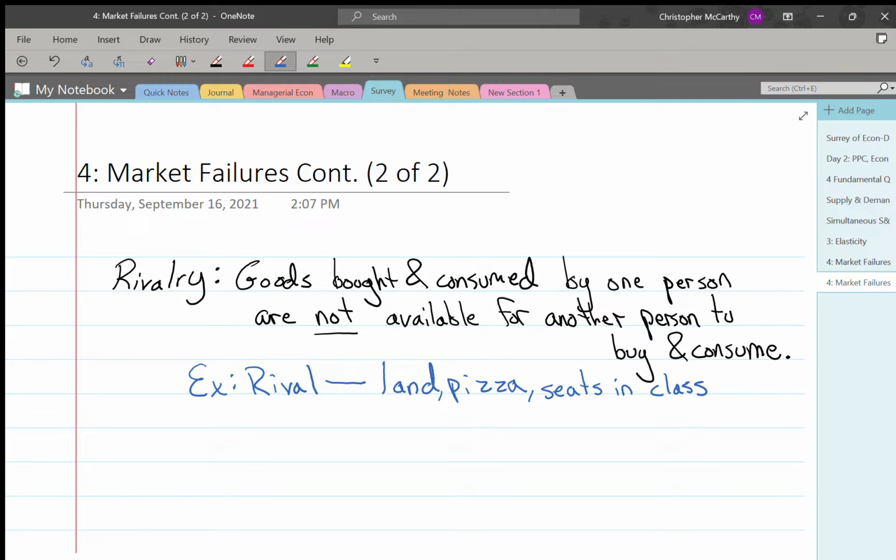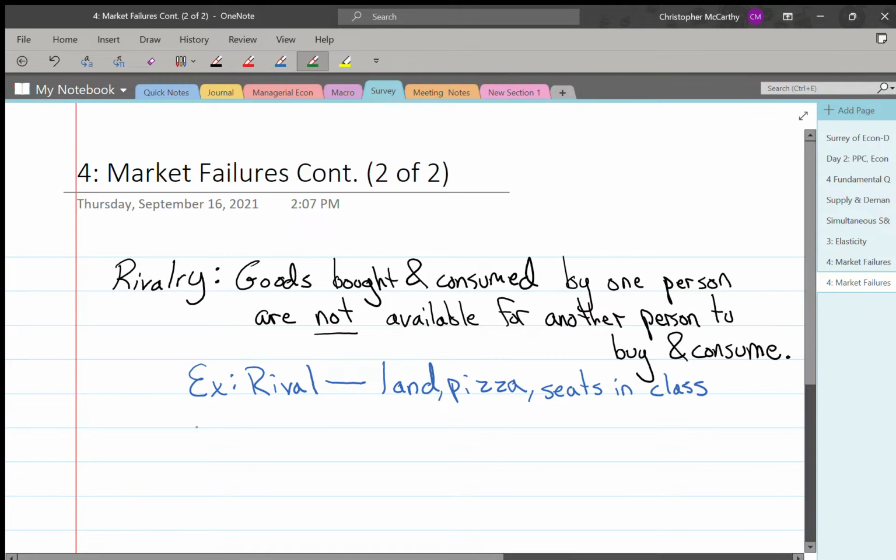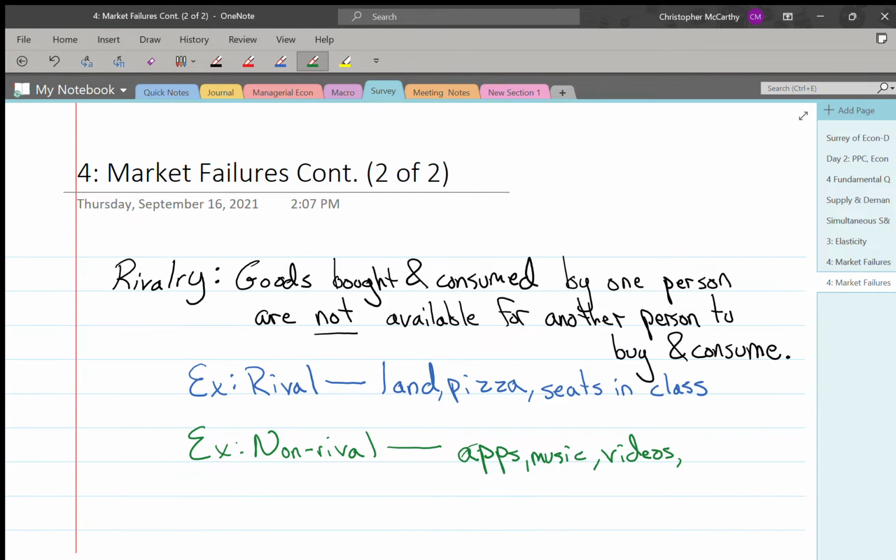What about some non-rival things? So non-rival things are all the digital goods, right? So apps, music, videos, just anything that somebody else consuming doesn't take away from your ability to consume it.